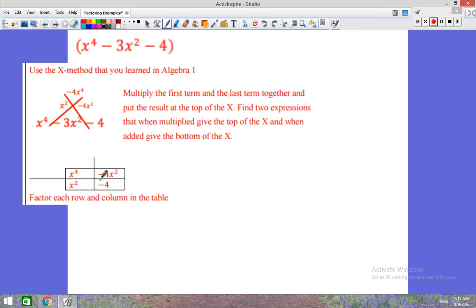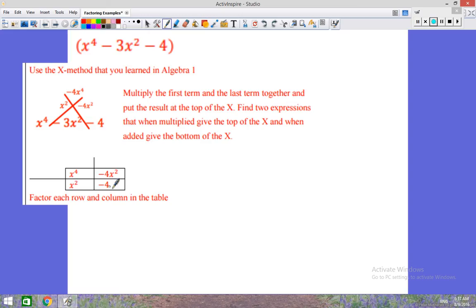Remember when we did the table to check our answer before, we already knew the values on the outside and we multiplied to get the values on the inside. Well, now you're working in the reverse order. You're working on the inside of the table, inside outward, and you do that by factoring along each row and along each column. So we see that x squared and minus 4 are relatively prime to each other.